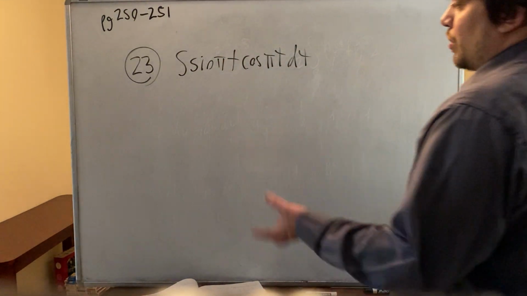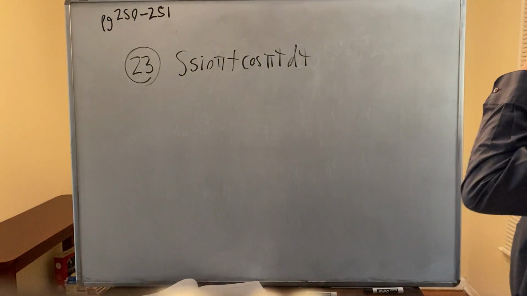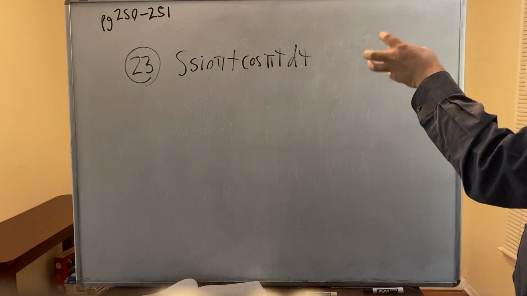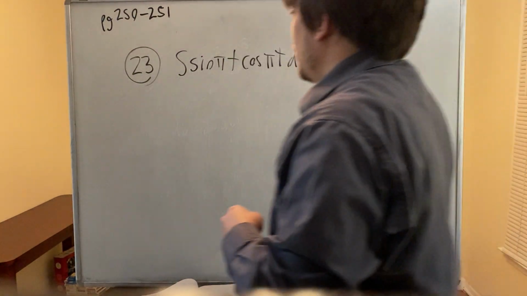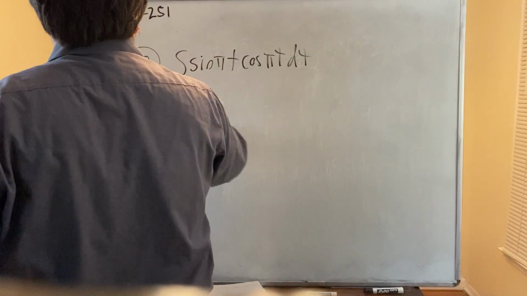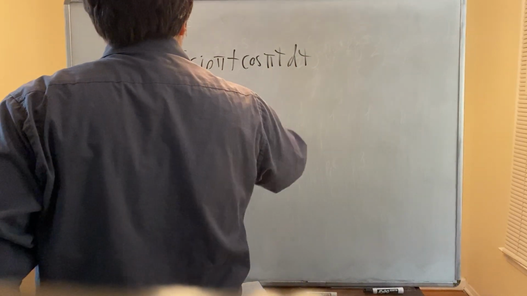You could use u substitution twice. Let's say u equals pi t, and then you plug in for u, and then you let w be equal to cosine of u. Let's skip all that, and let u equal sine of pi t.